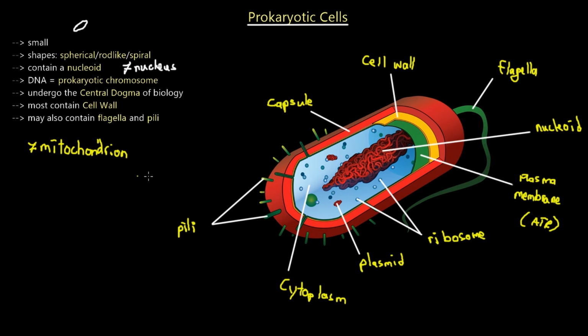It does not have structures called mitochondria just to produce ATP; the plasma membrane does all that work. Now, a lot of prokaryotic cells have different machinery in terms of how they produce ATP. However, the generalization is that prokaryotic cells use their plasma membrane to do the metabolic functions for the cell.